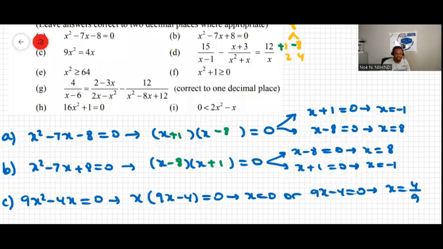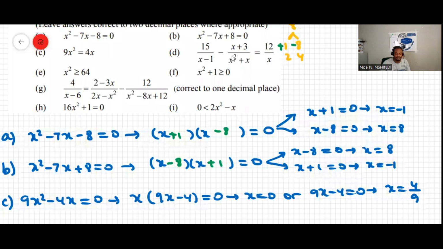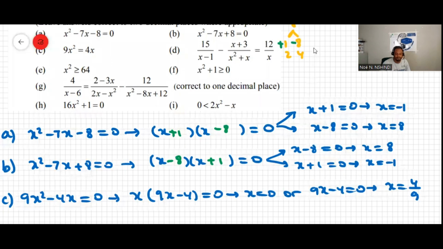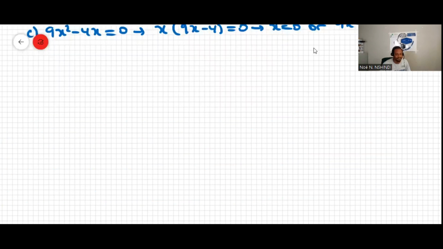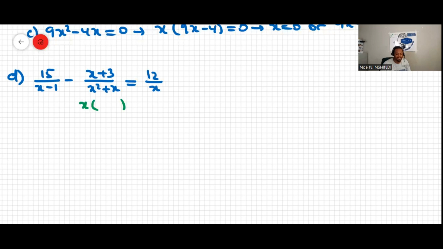And then question D, we have this fraction here: 15 over x minus 1, minus x plus 3 over x squared plus x, equals 12 over x. Now, x squared plus x, we can take x as a common factor, and this will be x times x plus 1.